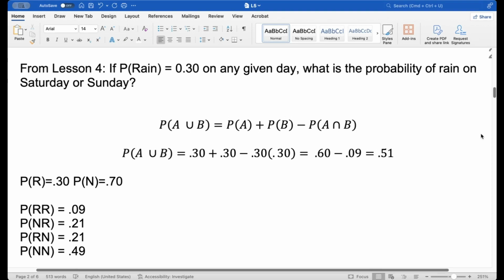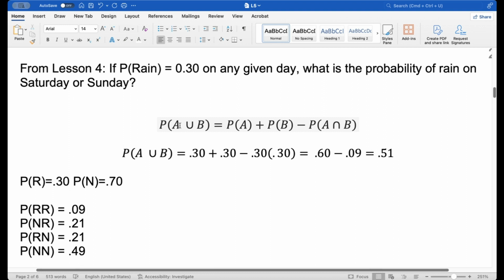Okay, last time, lesson 4, we briefly hinted at this question. If we assume the probability of rain is 0.30 on any given day, we have to make an additional assumption about independence, which we'll talk about a little later. What's the probability of rain on Saturday or Sunday? At least one, Saturday or Sunday or both days.